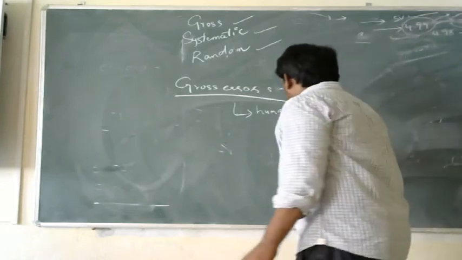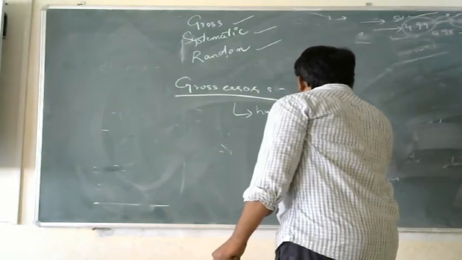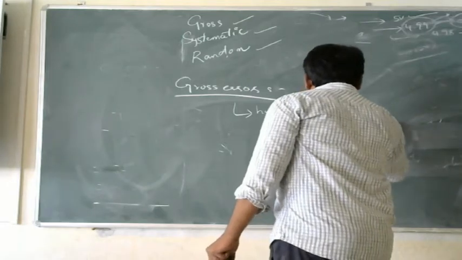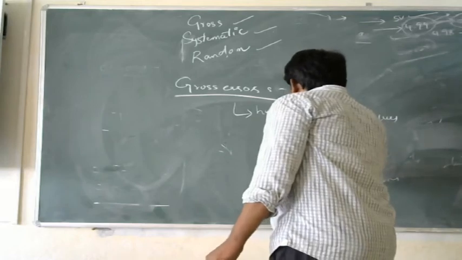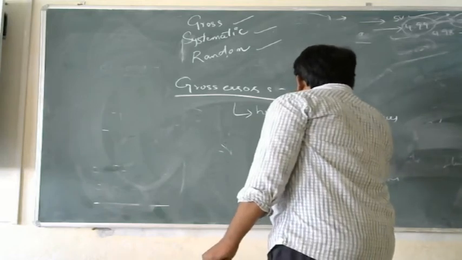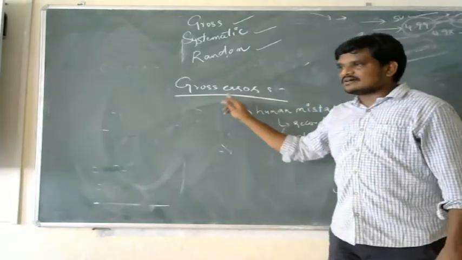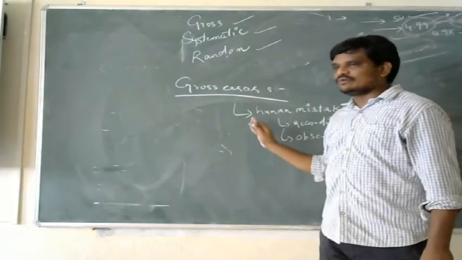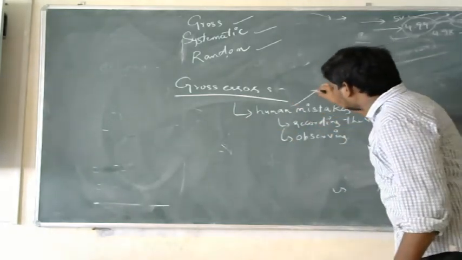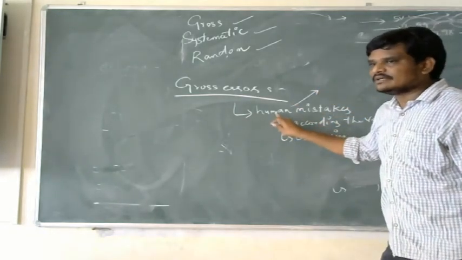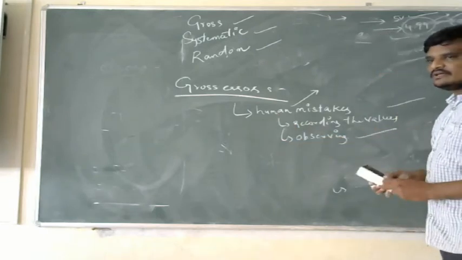Human mistakes are nothing but mistakes in recording the values, or in observing the values in the meter. What is gross error? It is an error which occurs in the instrument mainly due to mistakes made by the human in recording the values or in observing the values.